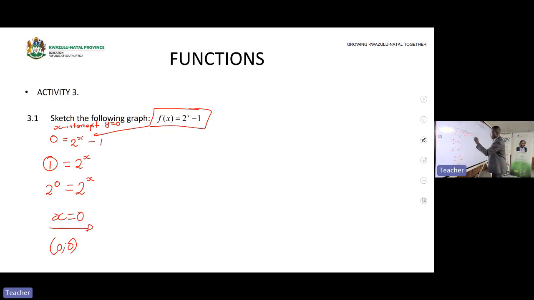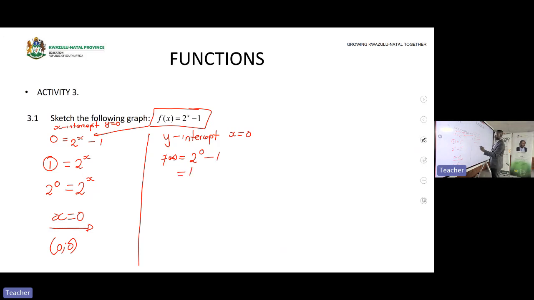Then let us calculate the y-intercept again. When you calculate the y-intercept, you do the same thing. For the y-intercept, our x should always be equal to 0. So we are going to say f at x equals 2 to the power of 0. Where there is x, we substitute 0, then 2 to the power of 0 minus 1.